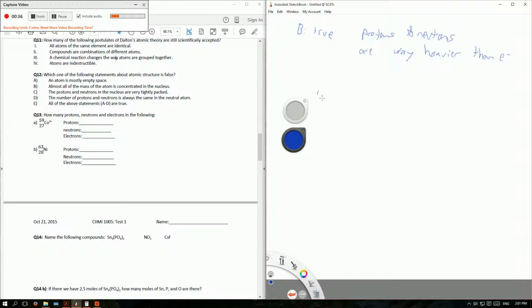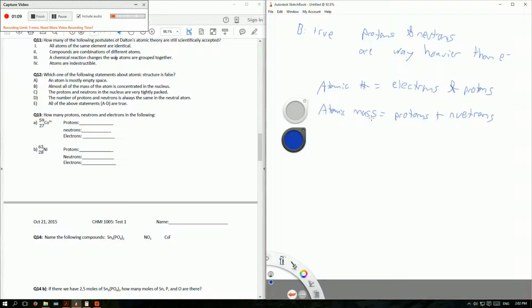Remember, the atomic number says how many electrons and protons there are. And the atomic mass, remember, is equal to the number of protons plus neutrons, right?